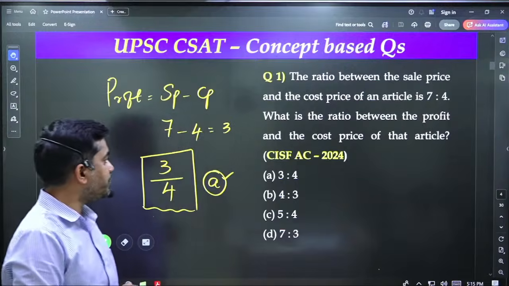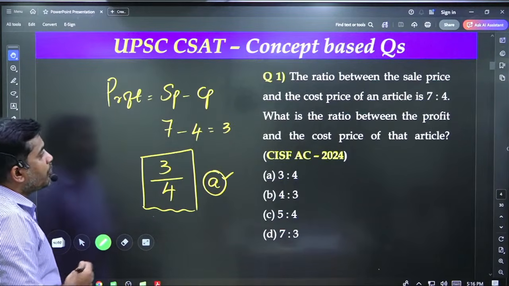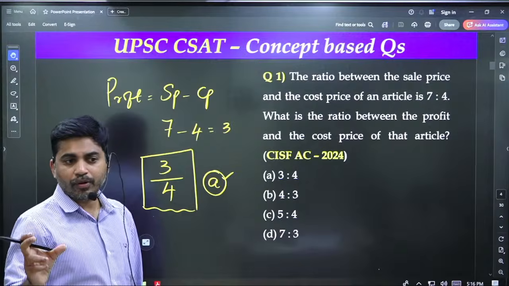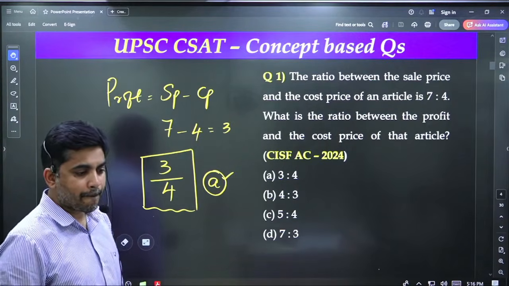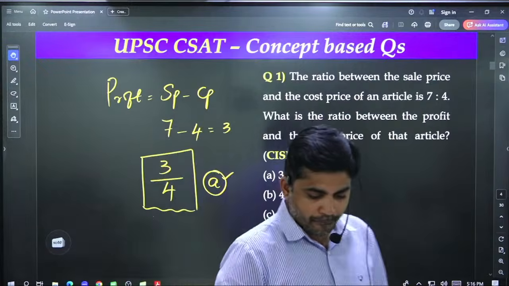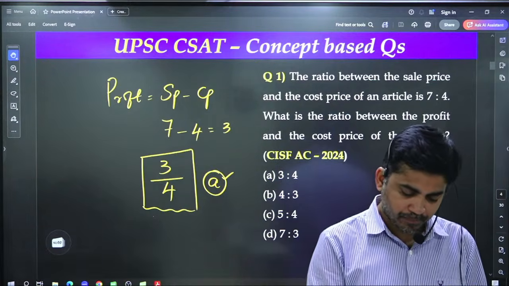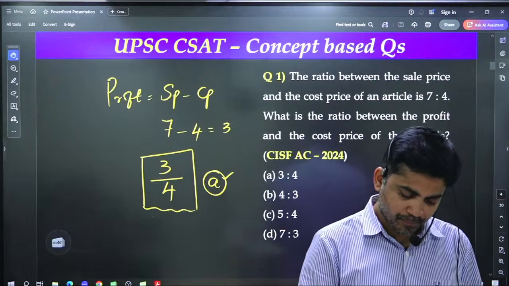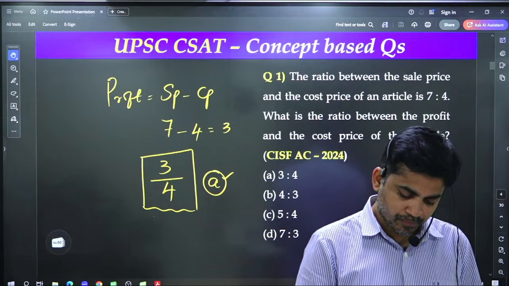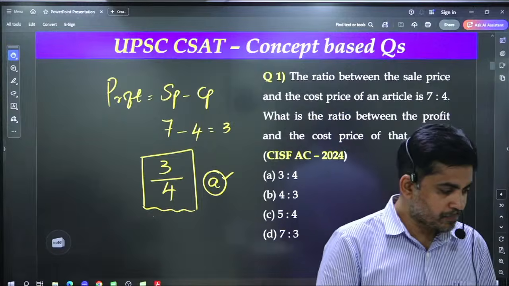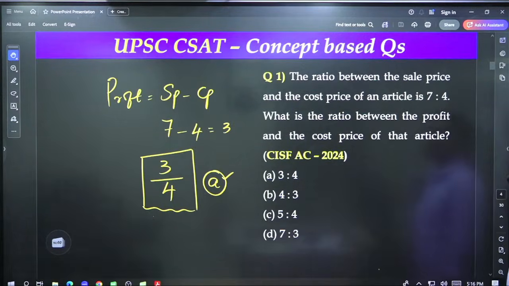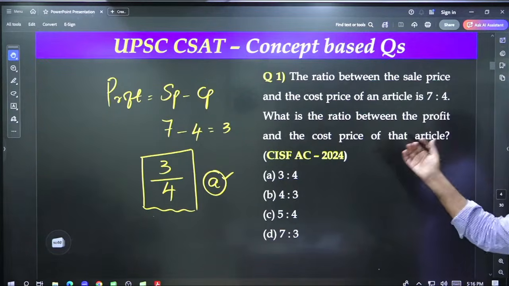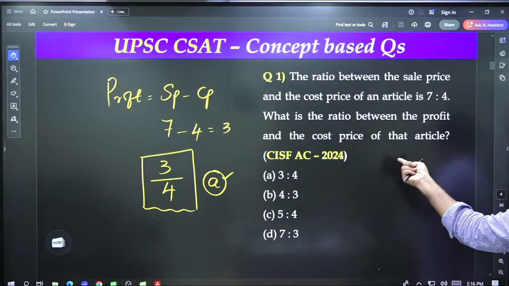Okay. In your handout, space is also given below the question. Try to write down there only. Even this question is a combination of two topics, ratios and basic profit and loss.